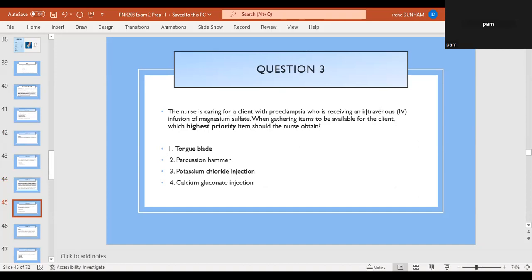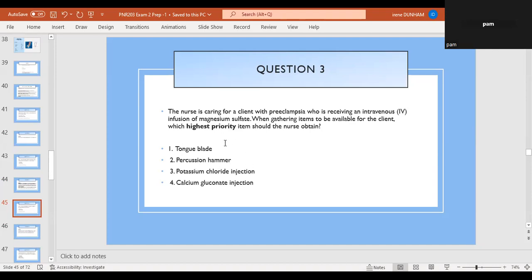We have to be careful with magnesium so we don't get toxicity, because with toxicity we would lose her respirations. A tongue blade is not my highest priority. A percussion hammer is not my highest. These are things I probably want at the bedside, but they're not the highest priority.